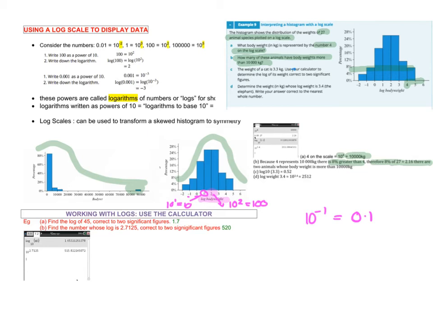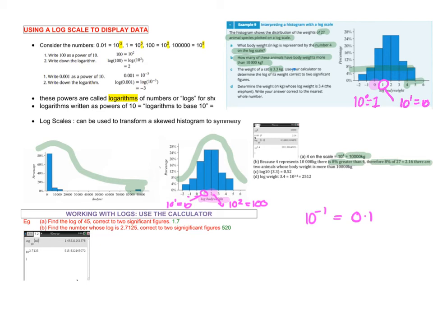Then they ask, the weight of a cat is 3.3. Use your calculator to find the log scale. You don't even need to use your calculator. What's 10 to the power of 0? It's always 1. And 10 to the power of 1 is 10.